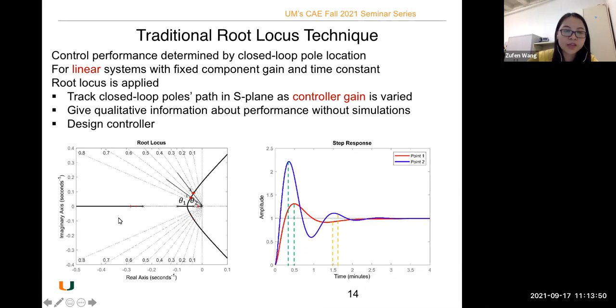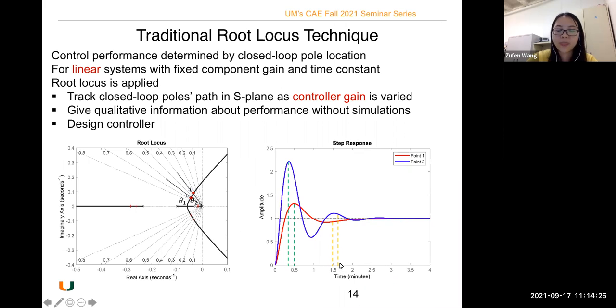Here, for example, this is the root locus of a control system. As the controller gain increases, the pole location moves from point 1 to point 2. We can see that compared to point 1, at point 2 the imaginary part moves upward, and the real part moves to the right with a larger angle. So the time response for point 2 should have a larger overshoot, a shorter peak time, and a longer settling time.